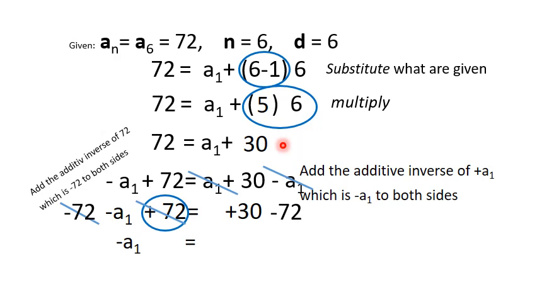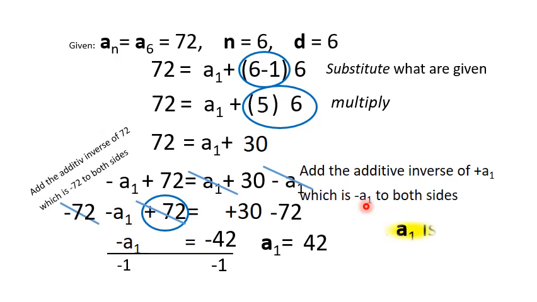Then, combine 30 and negative 72 will give you negative 42. Negative a sub 1 equals to negative 42. So to get the value of a sub 1, we're going to divide both sides by negative 1, and a sub 1 is equal to 42. Therefore, a sub 1 is equal to 42.